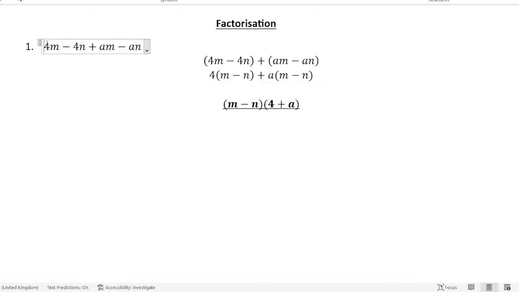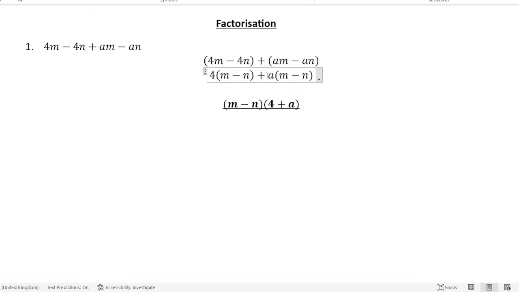So we were given 4 terms, that is 4m minus 4n plus am minus an. Then we categorized them: we put 4m minus 4n together and am minus an together. From there we took out our common factor, which was 4, and we were left with m minus n.